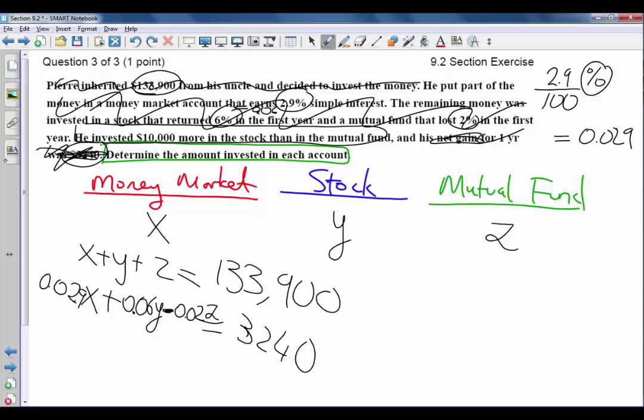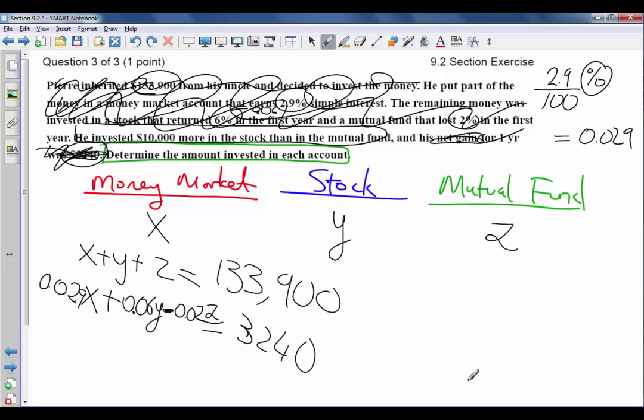Trash. What's the remaining part in the statement? What is left? 10 grand. Yeah. This sentence has never been used anywhere in the solution. How do you change this into an equation? 10,000 more money in stocks than mutual fund. 10,000 more in stock markets than in mutual fund.